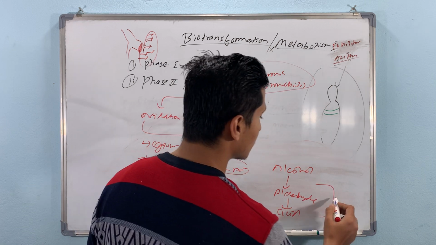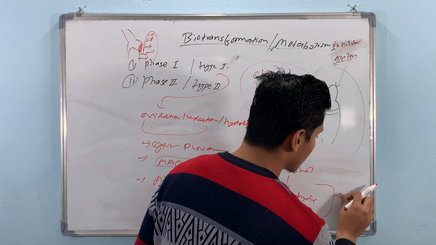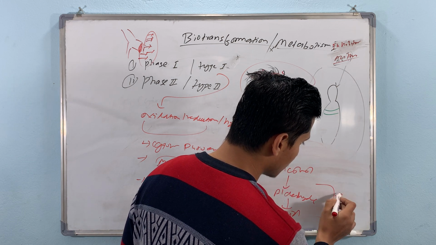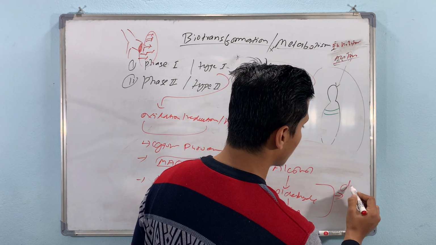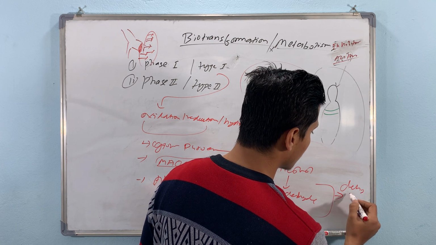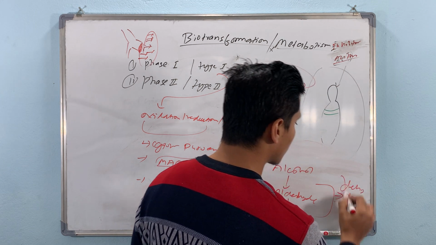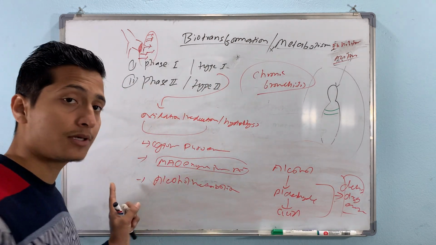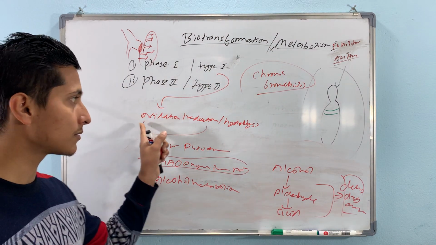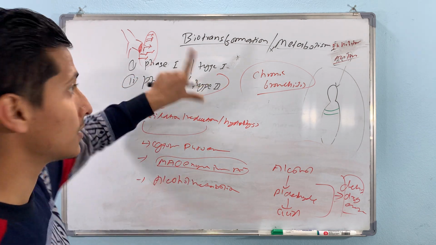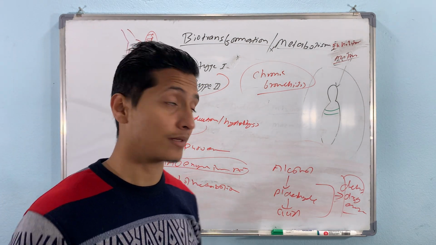All these reactions are catalyzed by the dehydrogenase enzyme. So basically what you need to know is alcohol metabolism is also an oxidation or reduction reaction, which comes under the phase 1 or type 1 reaction.